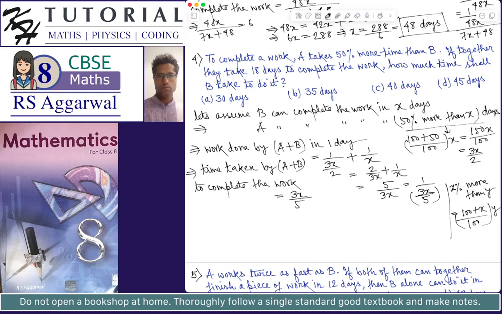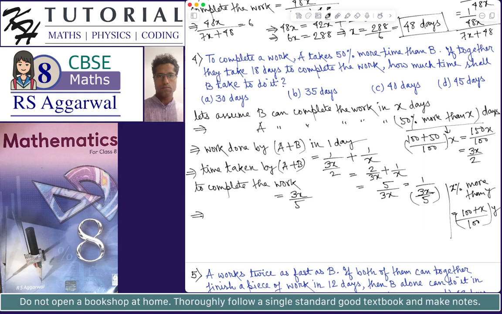Since we know that in one day the work done by A plus B is 1 by 3x by 5, we can say that the total work will be done by A plus B in 3x by 5 days, using the general rule of time and work.